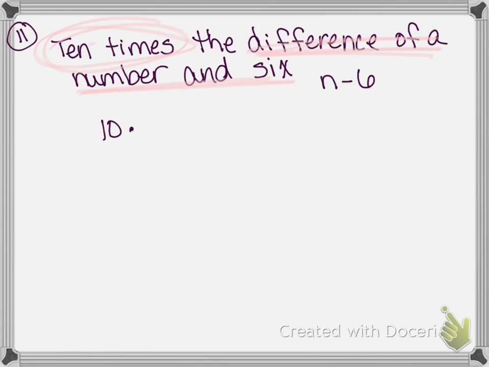So 10 times the difference of a number and 6 means that we've got to multiply 10 times this quantity of n minus 6. So if you've got the difference of, or you've got the sum of, or the quantity of, those are all kind of red flags that you're going to put something in parentheses.